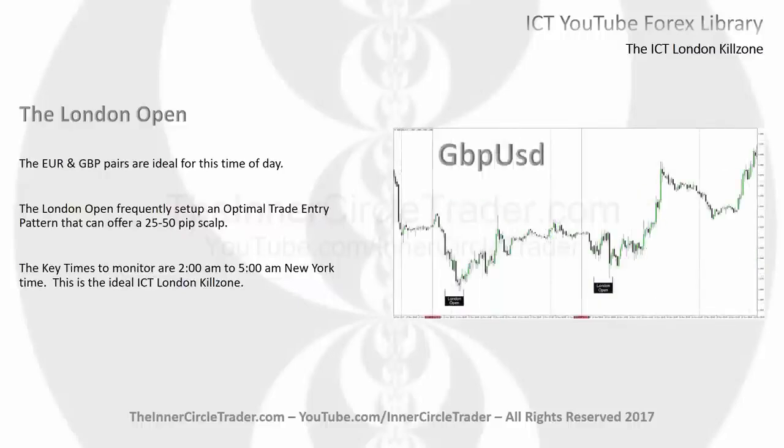Conversely, we can see when the market is bullish, the tendency is for the market to trade down, creating the low of the day in the London Open ICT Killzone. Again here, market trades down after midnight New York time, creates the low of the day between 2 o'clock and 5 o'clock in the morning New York time. Low of the day forms, off to the races we go.